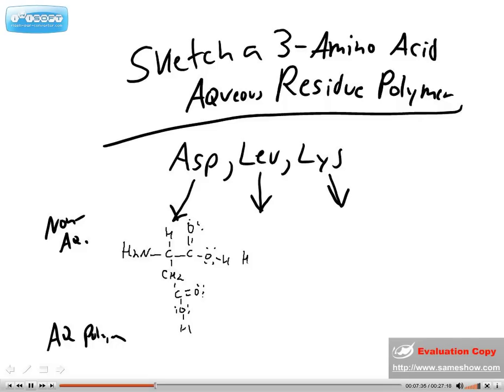Leucine looks like this. H2N, CH, and then in this case for leucine, because I know how it's going to look, I like to get a little bit lazy on this, and you can too, provided you use proper line angle structure. I can create something like this.